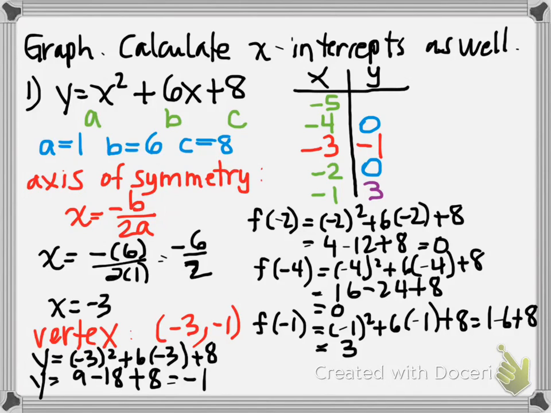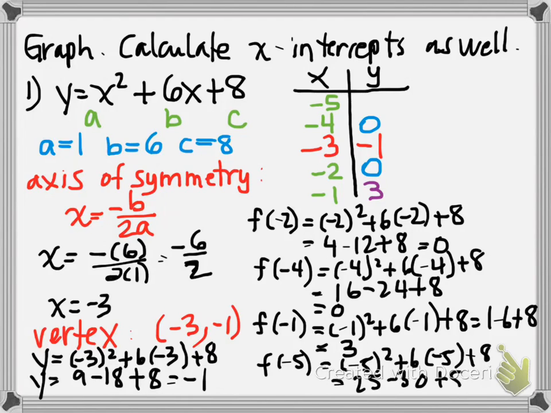And when I plug in the f at negative 5, I'm going to get negative 5 squared plus 6 times negative 5 plus 8, which gives me 25 minus 30 plus 8, which is negative 5 plus 8, which equals 3.